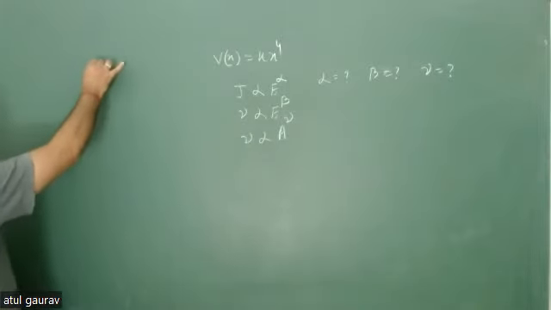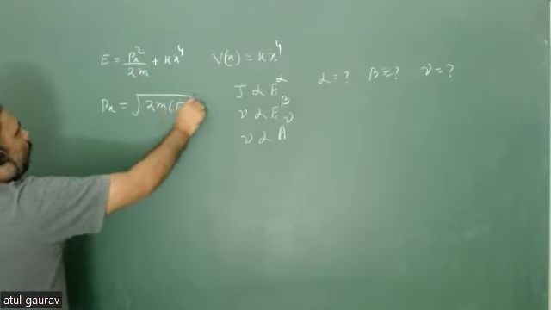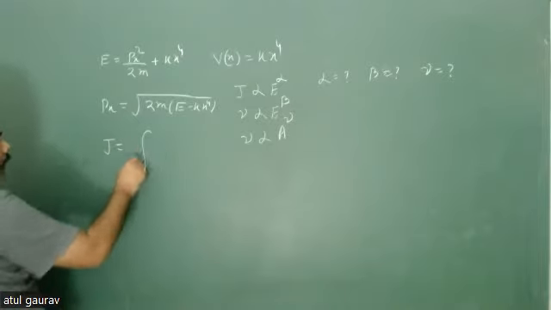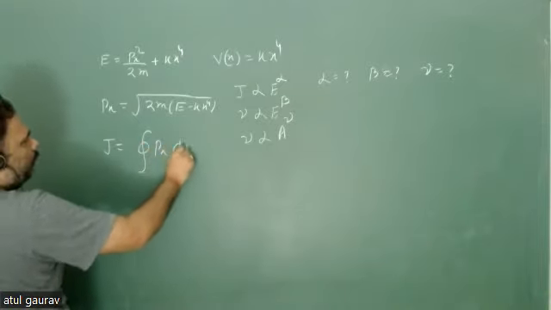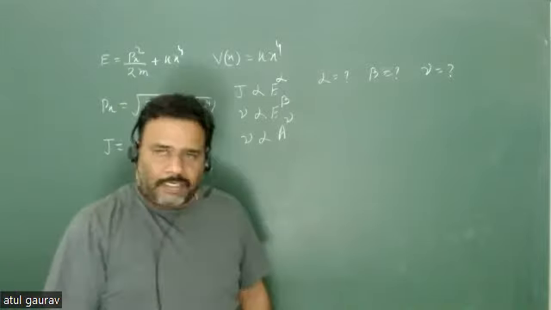Now look here. Your E is equal to what? Px square upon 2m plus kx to the power 4. Yes? Yes sir. So Px is equal to root under 2m(E minus kx to the power 4). So what is my J? Integration Px dx, and that value is equal to, so now we have to just go for the phase curve.